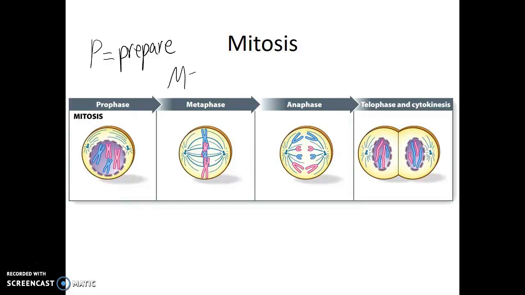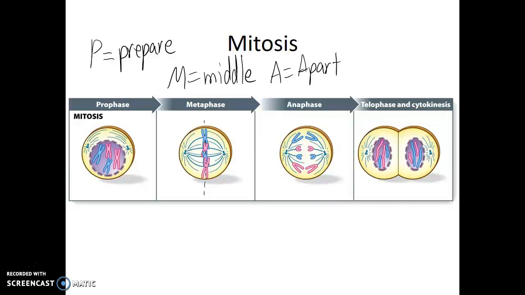Next, metaphase starts with M, and that stands for middle. That's when all the duplicated chromosomes are lining up in the middle of the cell, on that line known as the metaphase plate. Anaphase, A, well, that stands for apart, because that's when the sister chromatids separate from each other, becoming daughter chromosomes.